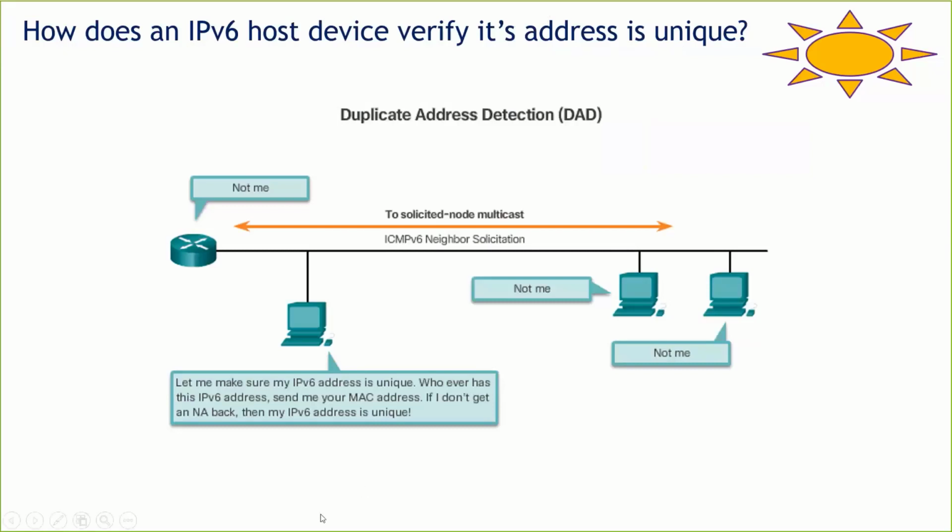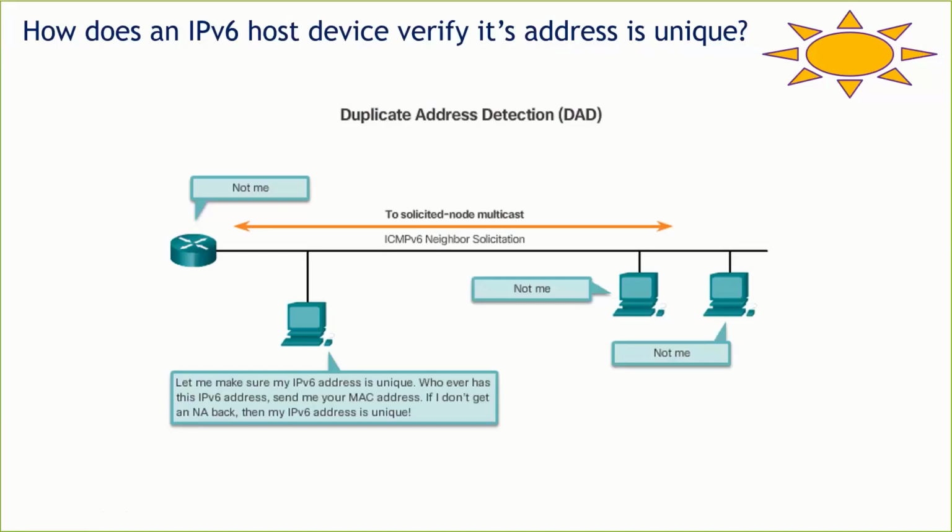Once this device over here has come up with its IPv6 address, it doesn't really matter how it got that address, whether it was through SLAAC, stateless, stateful, any type, even when you statically assign it, that device sends out a message.